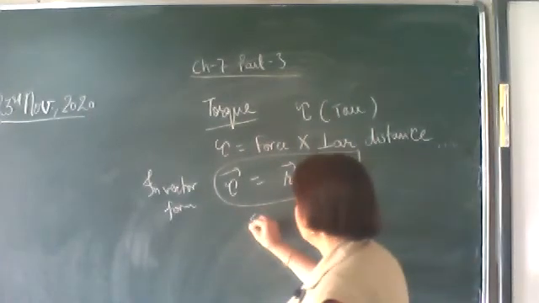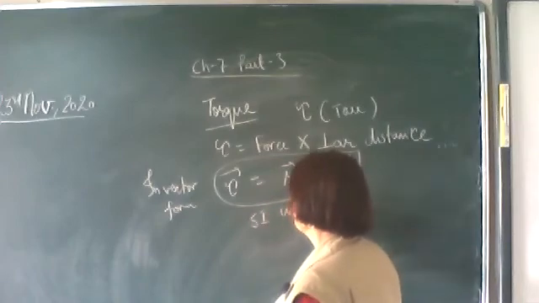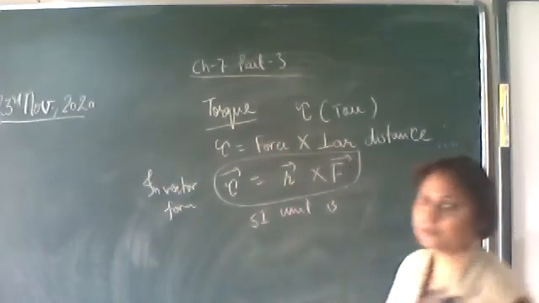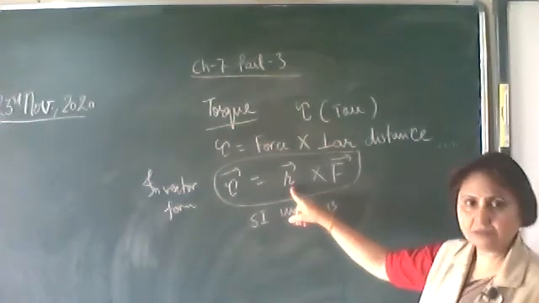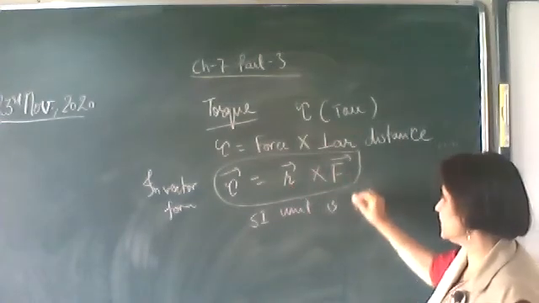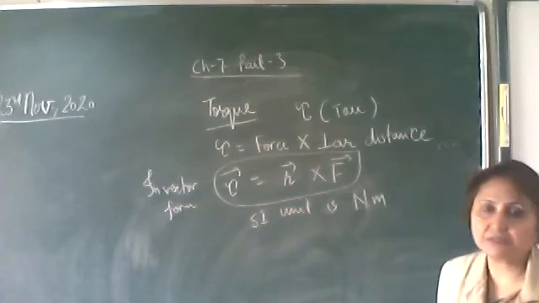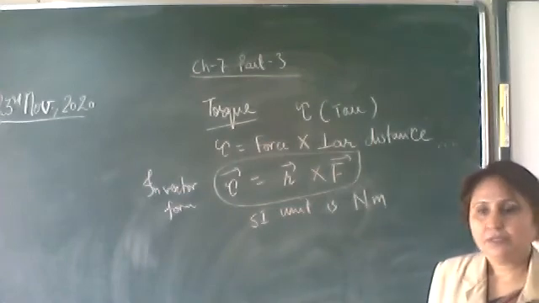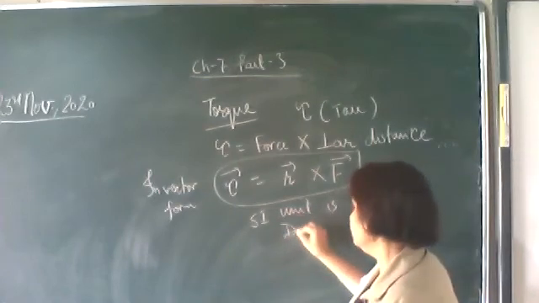The SI unit of tau, as you can see here, is Newton meter. So its SI unit is Newton into meter, and now its dimensional formula.